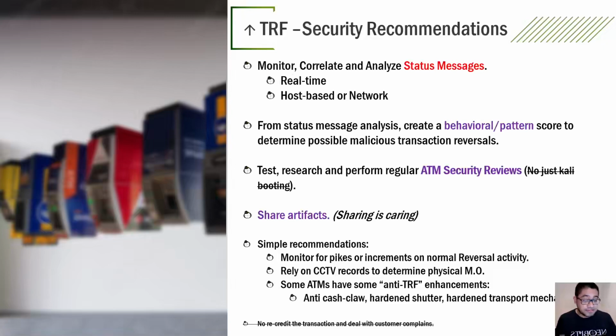Some general recommendations that I have found also is to monitor for increments on reversal activity, so we can differentiate if this is normal reversal activity or fraudulent activity. We have to rely on CCTV records to determine the physical modus operandi, because yeah, we can know what they are doing by the journals.